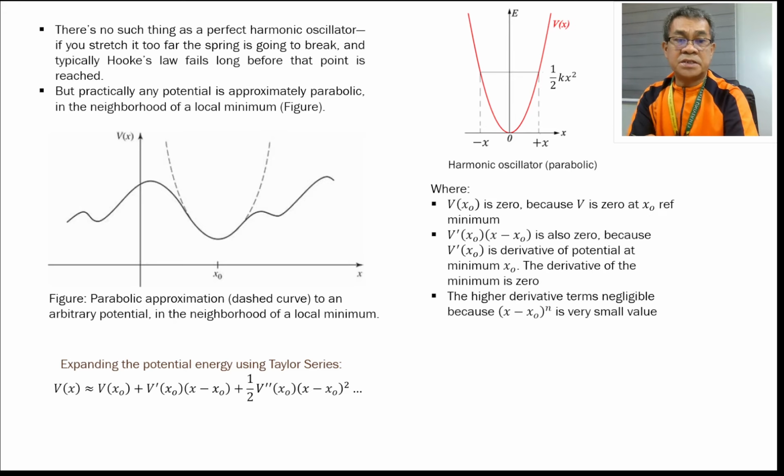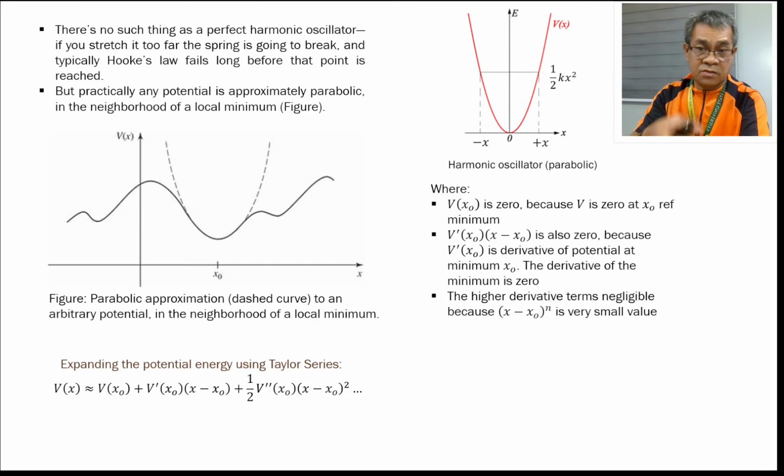Now take note that the first term is zero, because V is zero at x naught. So at x naught, we have that expansion. The V as a function of x naught is equal to zero because it is located at the origin.